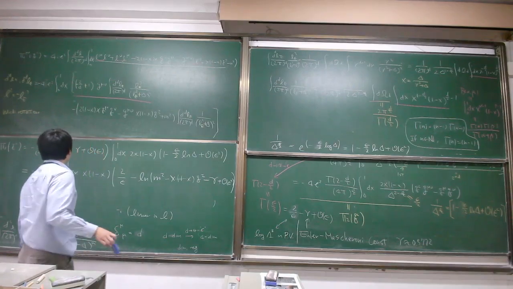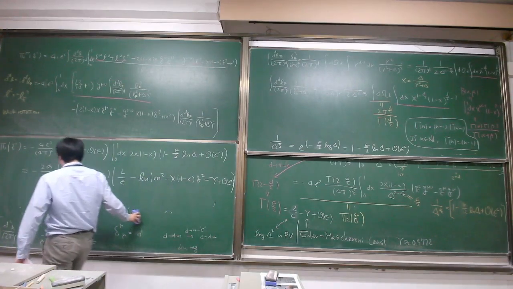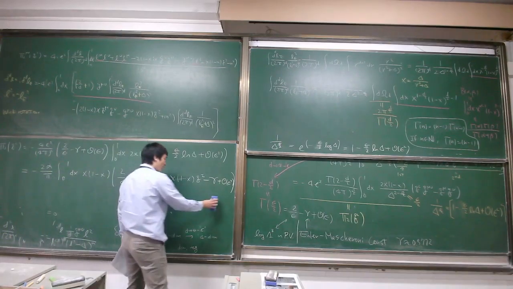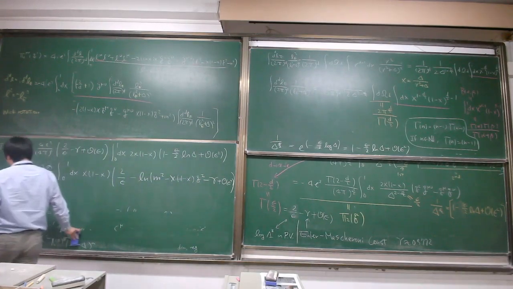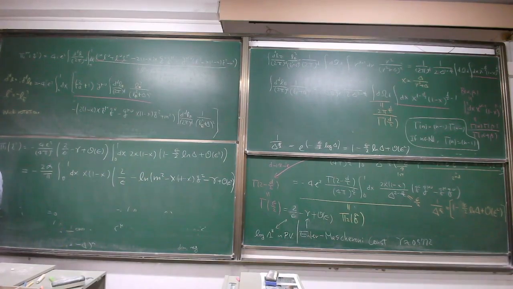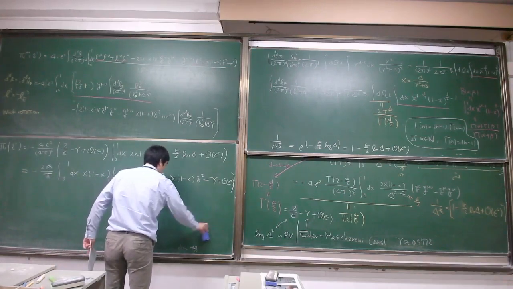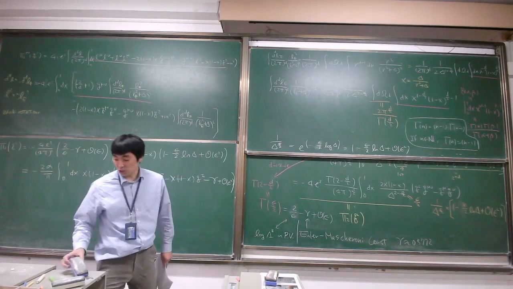Okay, and what we are interested in again: here's the infinity, but we need to take the difference. We are interested in the difference from 0 to q squared. That's what the calculator told you.